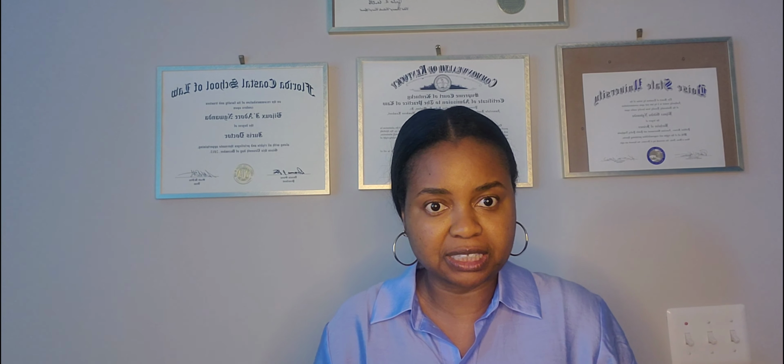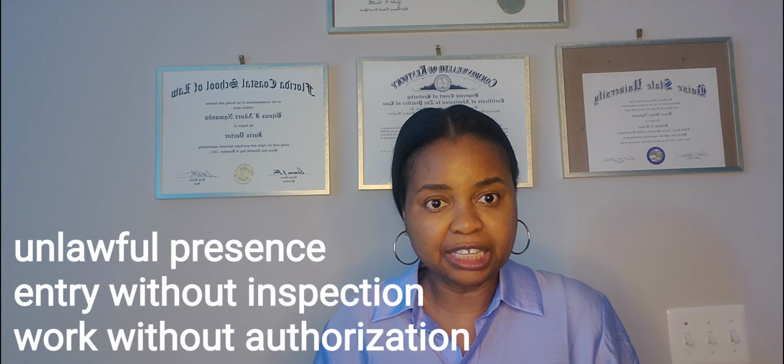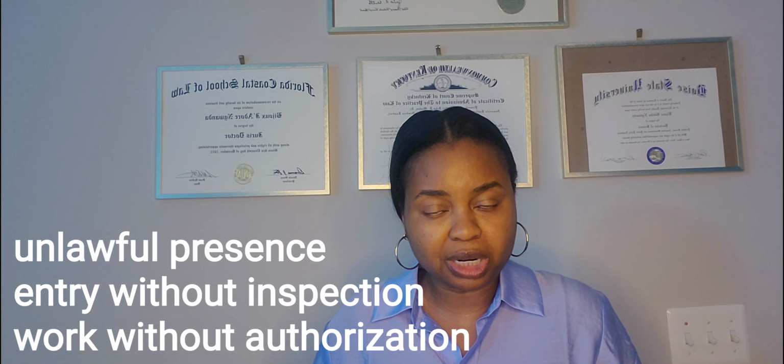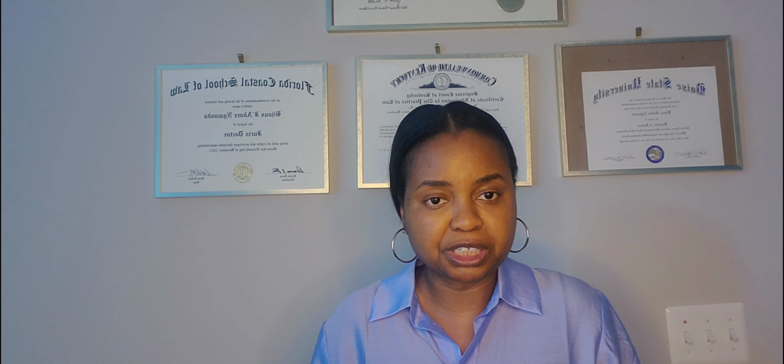Then you can use it to cure your unlawful presence. At that point, we're going to say, yes, you can adjust status. Remember that 245(i) helps with unlawful presence, entry without inspection, working without authorization. So it pretty much covers most of the common inadmissibility issues. That's number 1, okay? Number 2, if you don't have 245(i), then we go to the second exception.